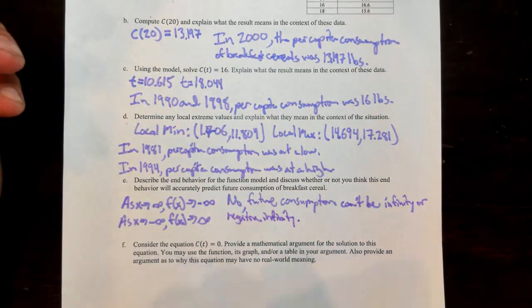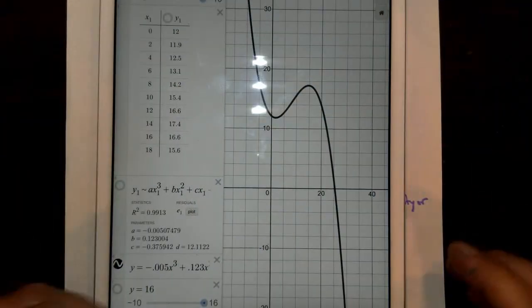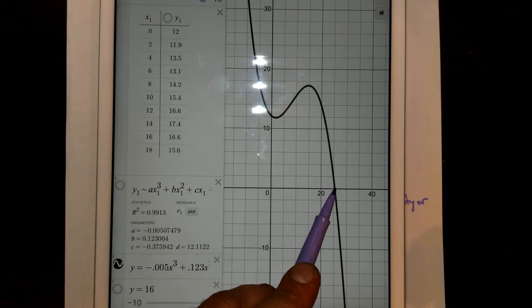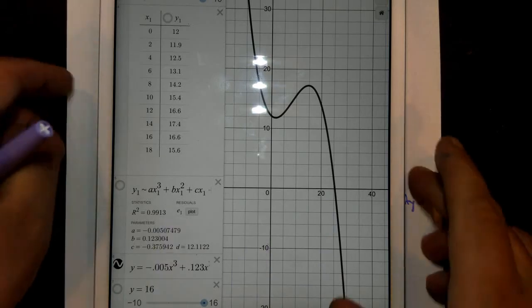We know immediately at this point, we know for a fact that after this point, the function doesn't make sense because we can't have negative consumption. That would just be strange.